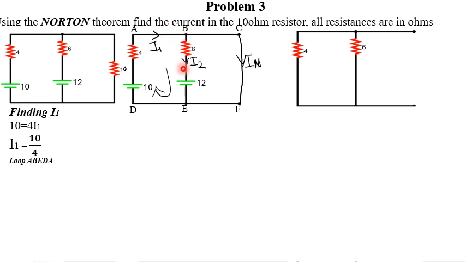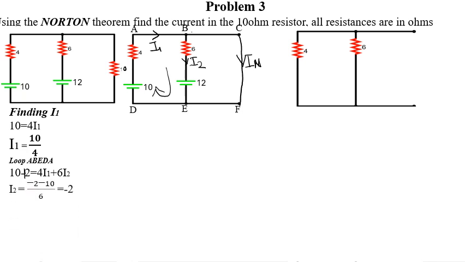Then we move from a higher potential to a lower potential, so this becomes negative. So it becomes 10 minus 12 equals 4I1 plus 6I2. We know the value of I1 already, and here it's 12, not 2.